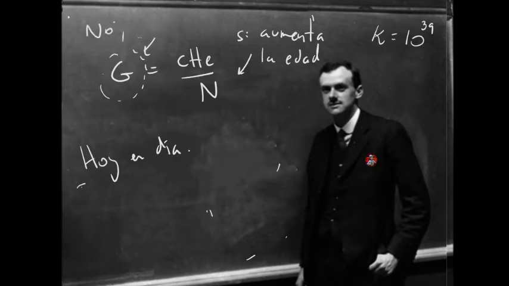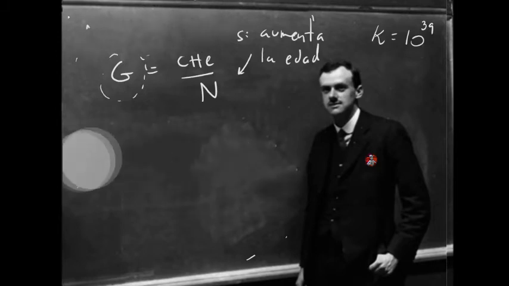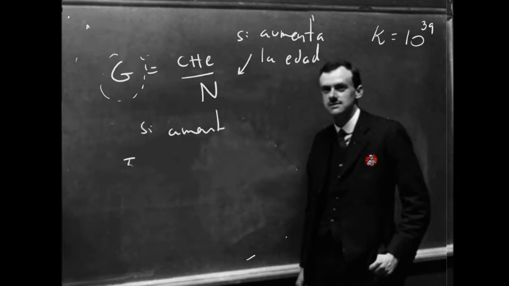One would like to check this result by observation, but the effect is very small. However, one can hope that with observations that will be made within the next few years, it will be possible to check whether G is really varying or not.